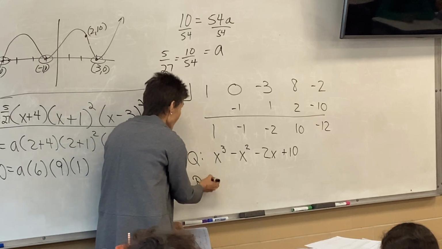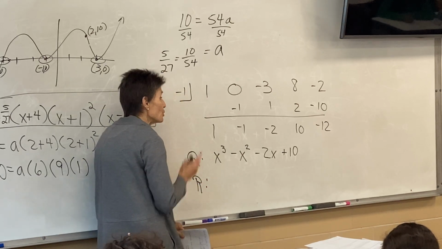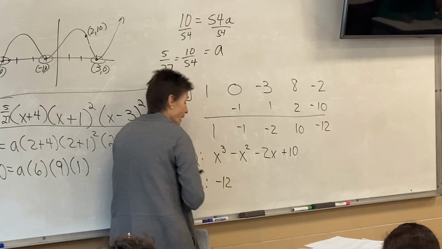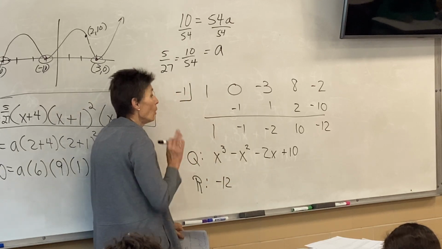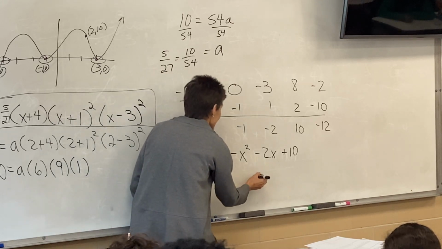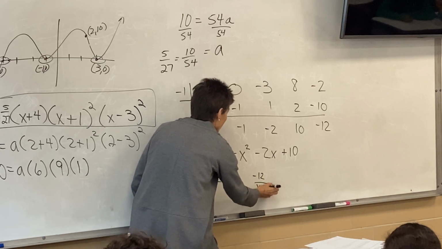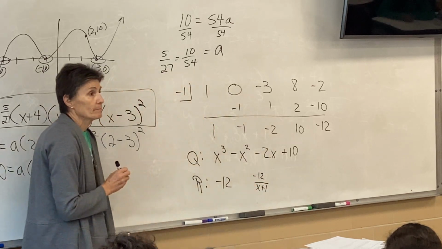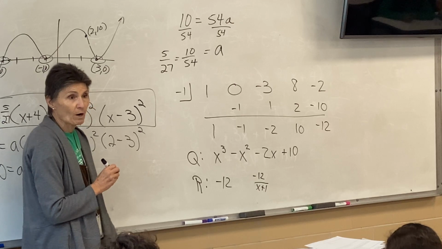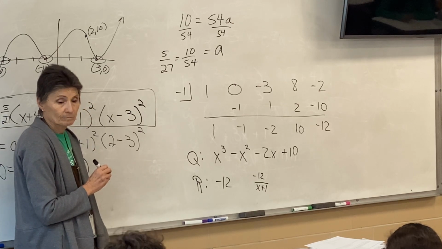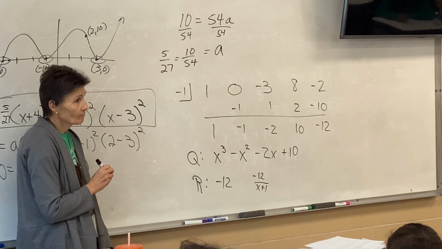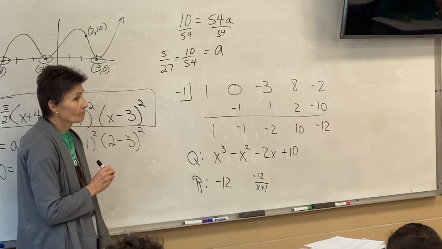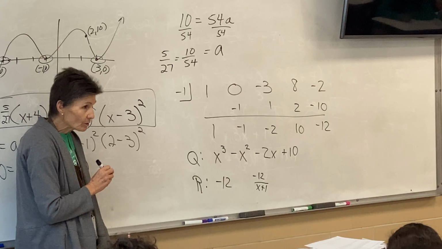And then in the remainder blank, you can either put negative 12, that's fine, or you can put negative 12 over x plus 1, if you want to write the remainder as a fraction. Are we good with that?